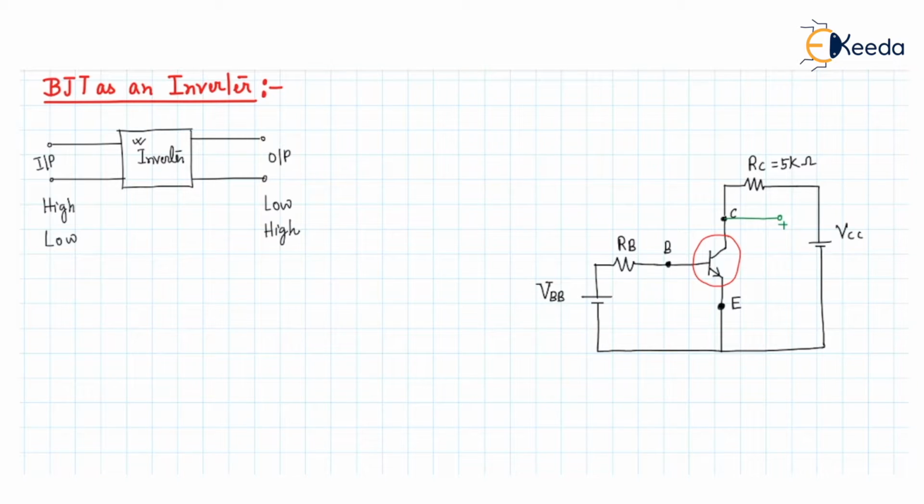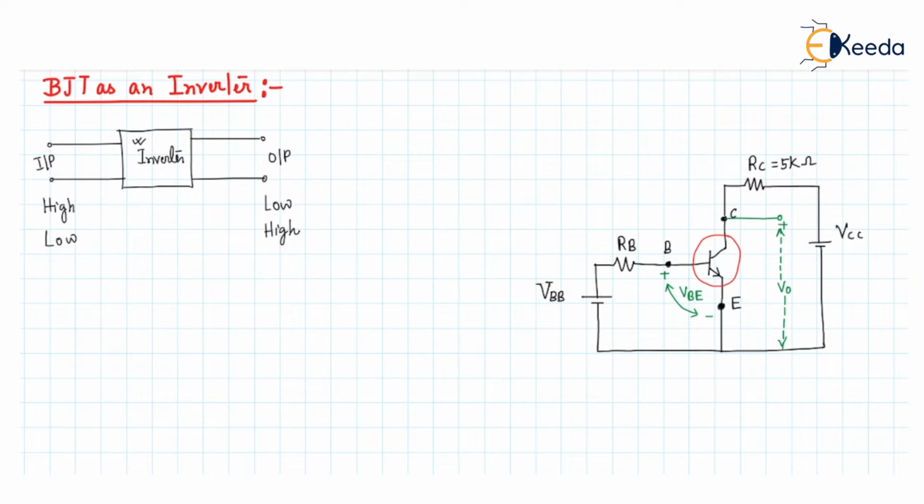So this is our output voltage, and this output voltage is V0, and my input voltage is here at the B terminal, B point. So we can say that our input voltage is here. So this is our VBE potential, VBE potential, and our input voltage is here.